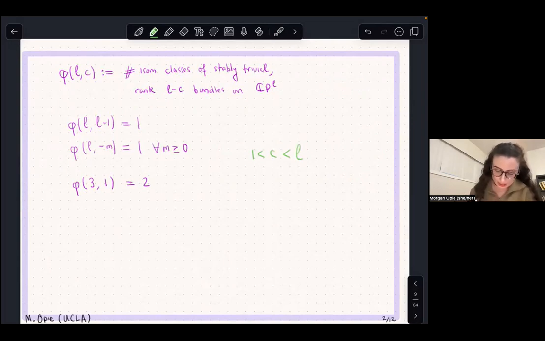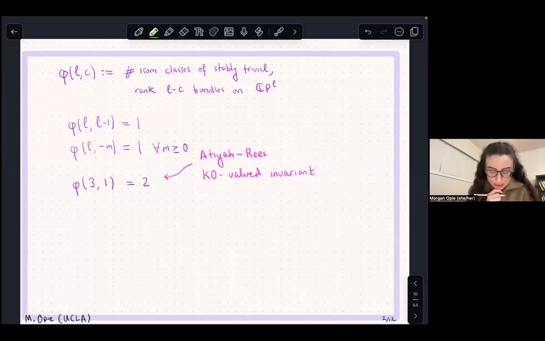So if we look at the co-rank 1 bundles on CP3, so this is rank 2 on CP3, it's a result due to Atiyah and Rees that there are exactly 2 stably trivial bundles up to isomorphism of rank 2 on CP3. They do this using an invariant valued in KO theory.